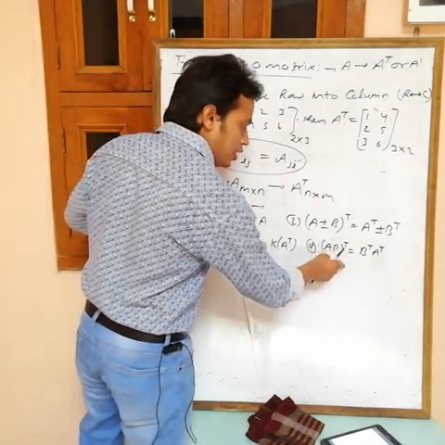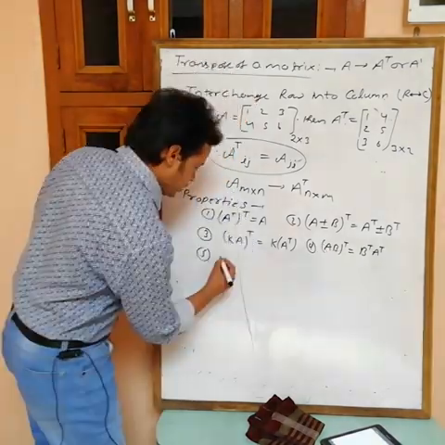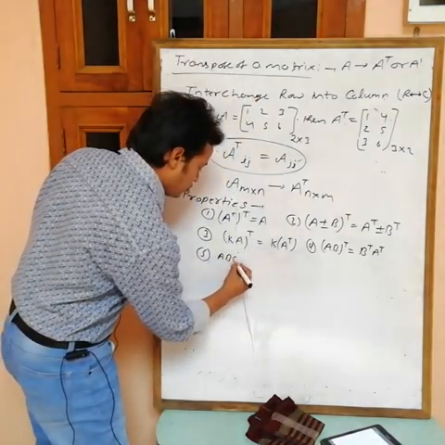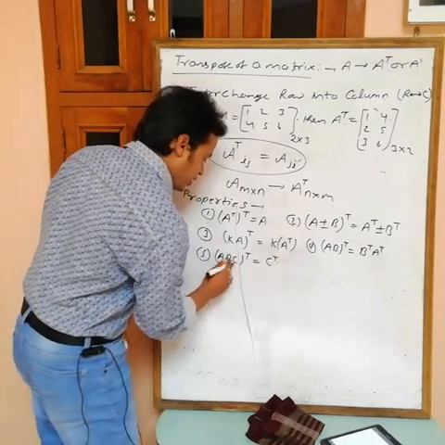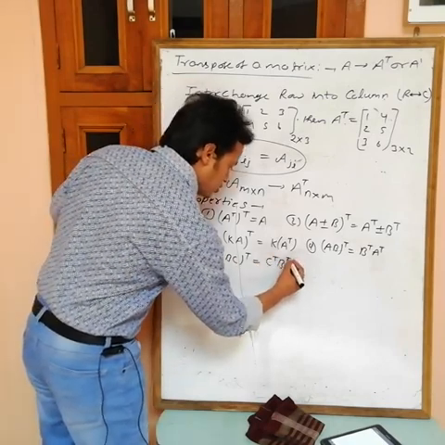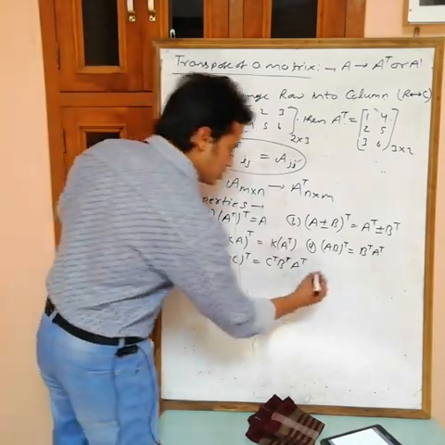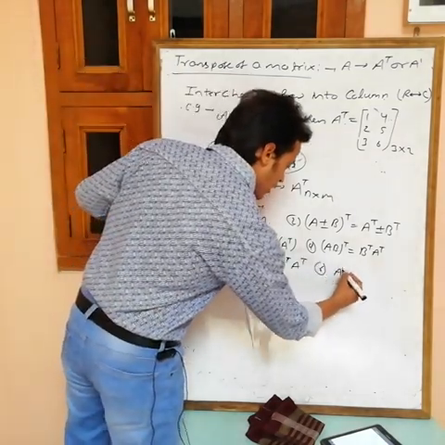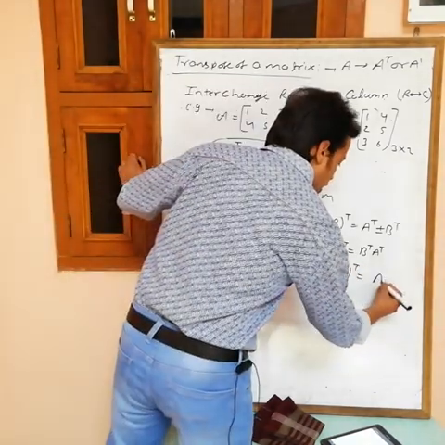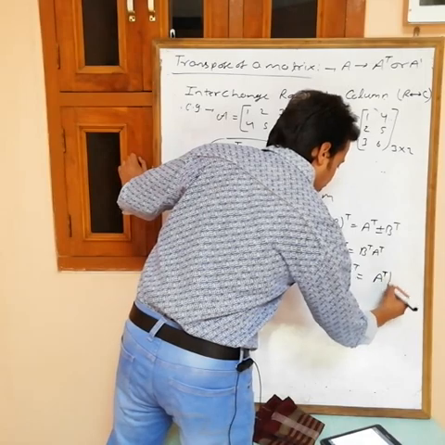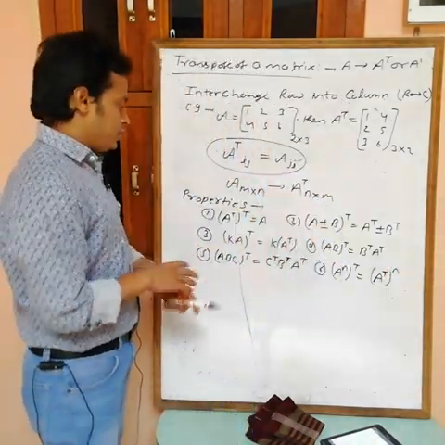Similarly, A into B into C transpose is equal to C transpose into B transpose into A transpose. And last, A power n transpose is equal to A transpose power n. Okay, these are the properties.